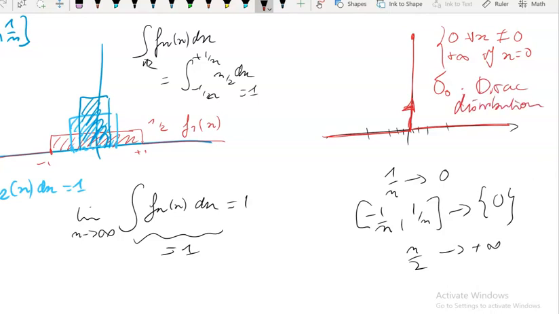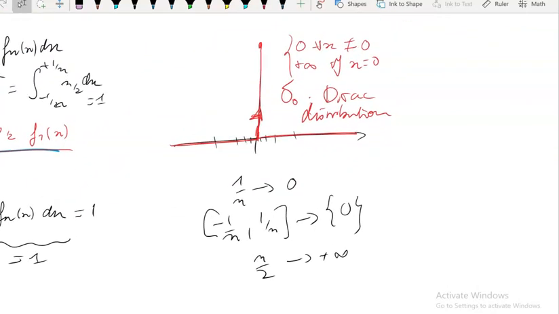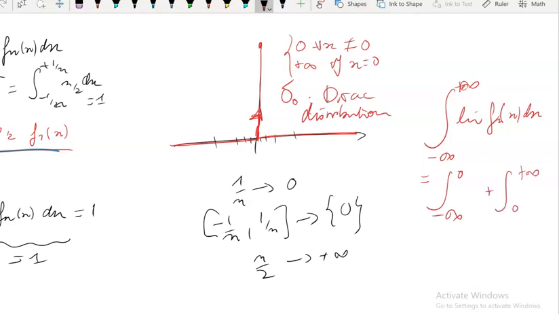But the interesting thing is that if you consider the Dirac distribution, and you want to make the integral of the limit of fn of x dx, you can see this as the integral between minus infinity and plus infinity. Of course, I can split that by the Chasles relation, this integral between minus infinity and 0 plus the integral between 0 and plus infinity.